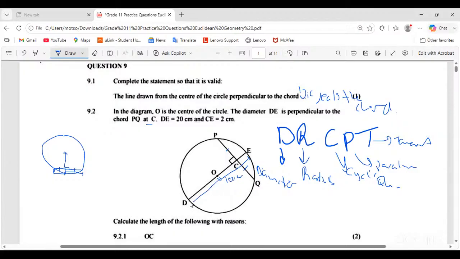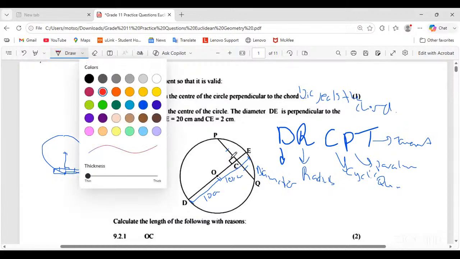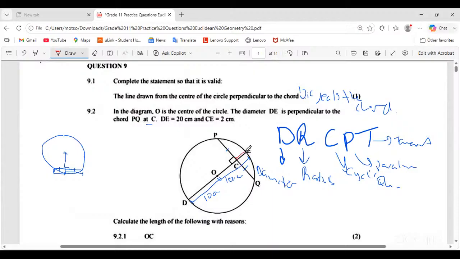Also, OD will be 10 centimeters because the whole of DE is 20 centimeters. Okay, now CE is 2 centimeters. Now, this portion here, CE is 2 centimeters, right?